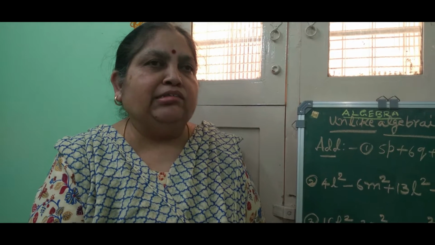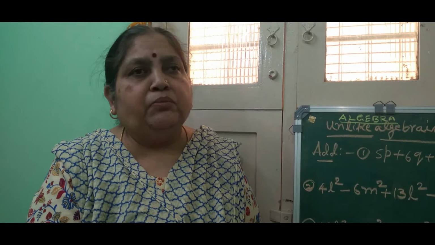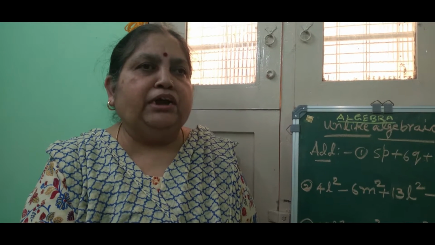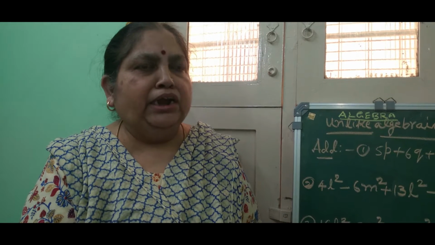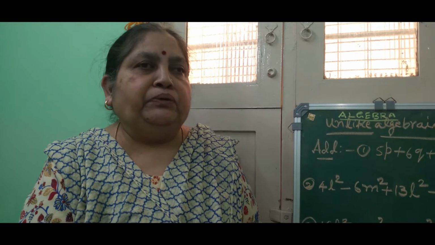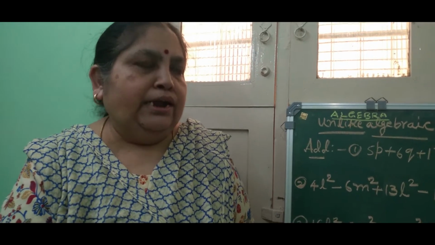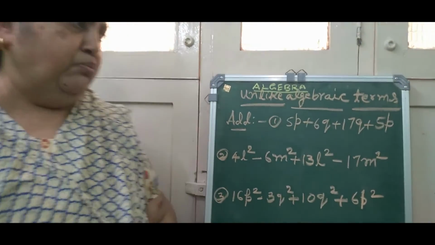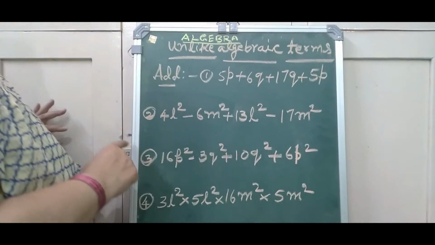In mathematics, algebra, the basic introduction, that is about the like algebraic terms, the addition, subtraction, multiplication and division. And now in this second unit, let me explain to you about the unlike algebraic terms. Let me consider some examples here and I will explain through the examples.